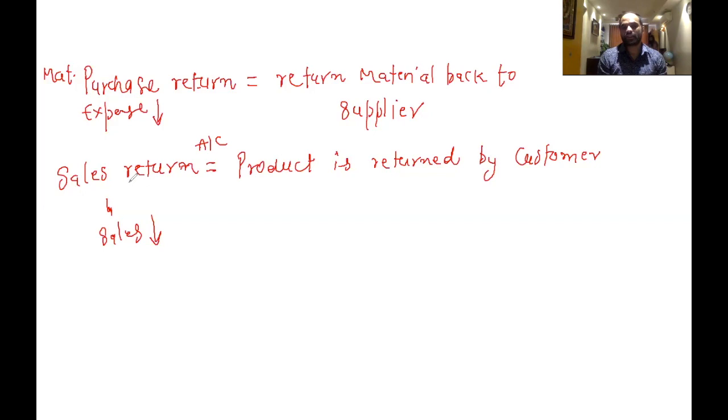So income reduces with sales return, and expense reduces with purchase return, right?